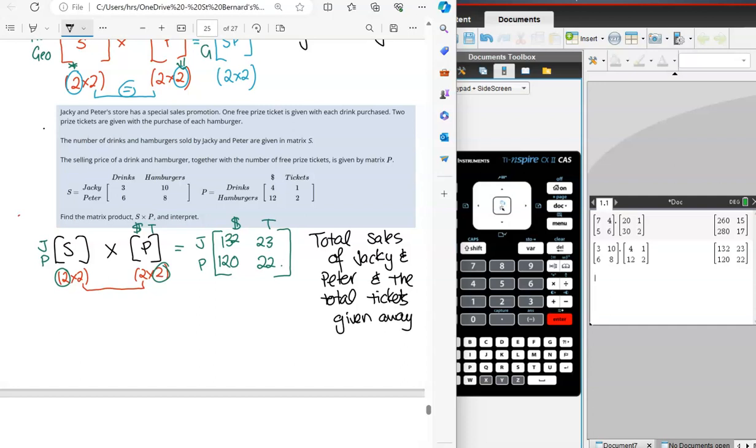So total tickets given away for Jackie and Peter because they are separated. It's not combined. So we want to say that we can see them separately.